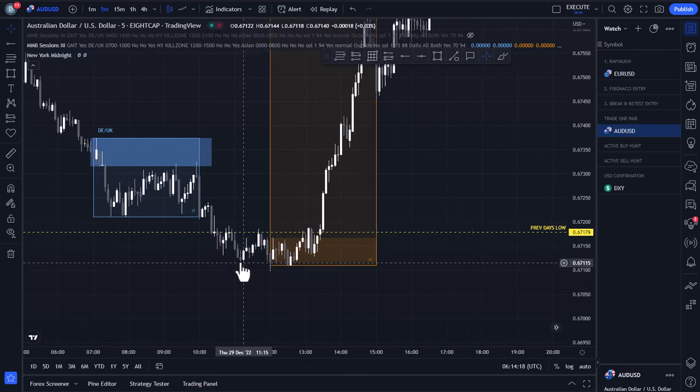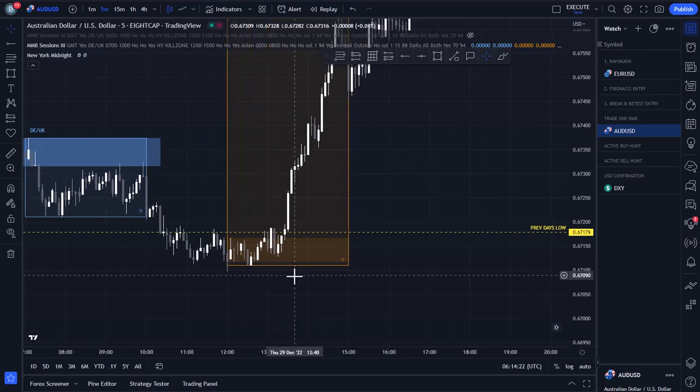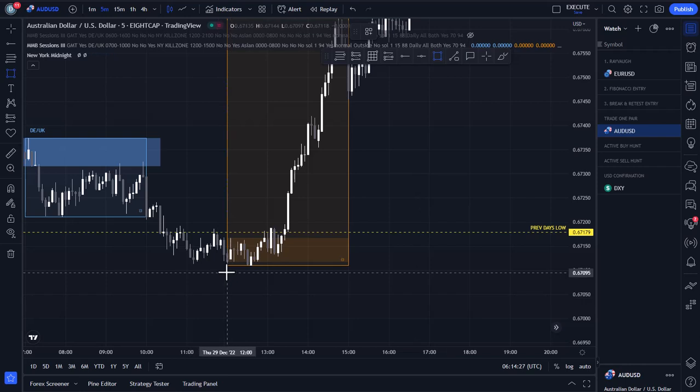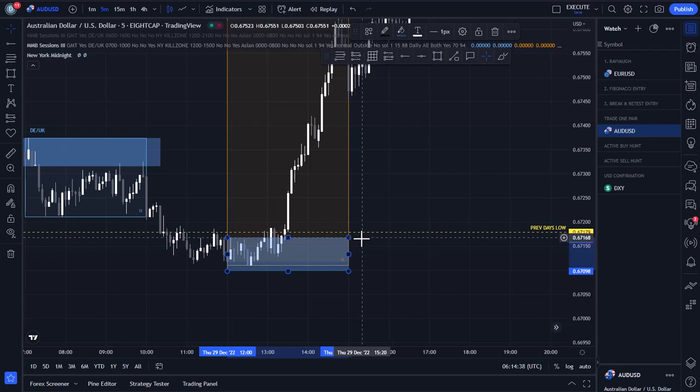I can show my opening price range as this. So this is my opening price range. I think it's quite big.